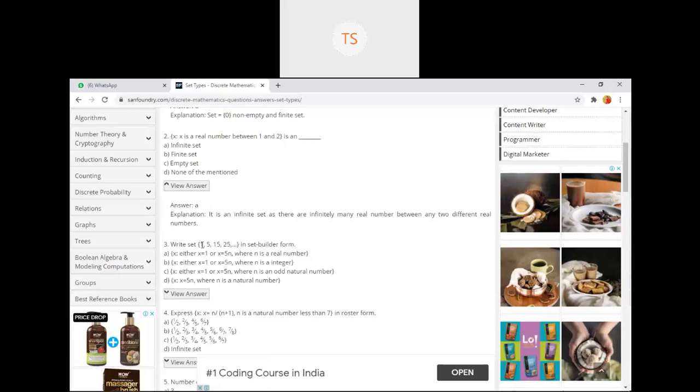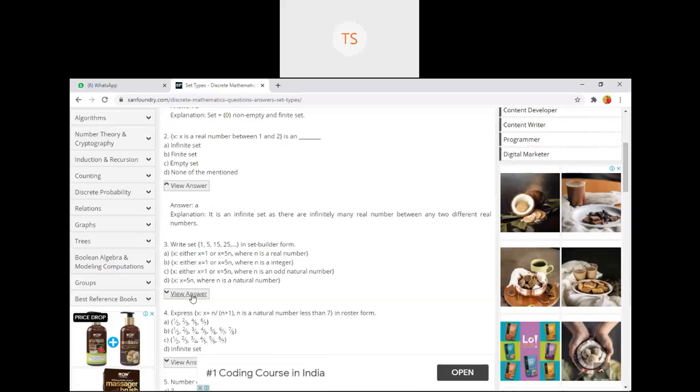If I consider the elements 1, 5, 15 and 25, what is the common property? They are all odd numbers.